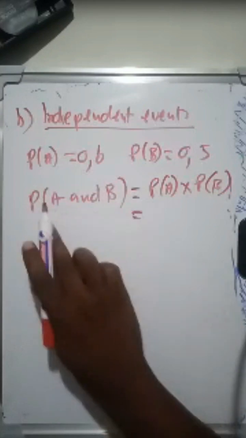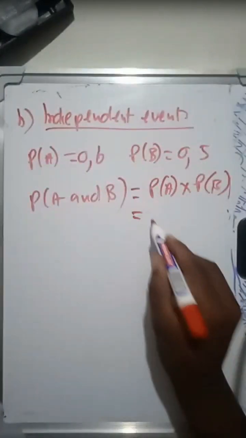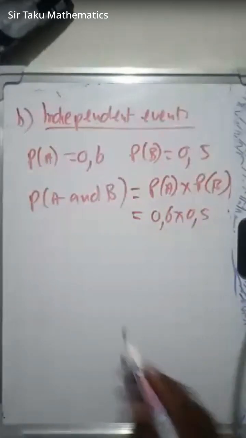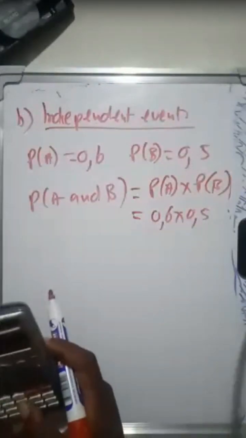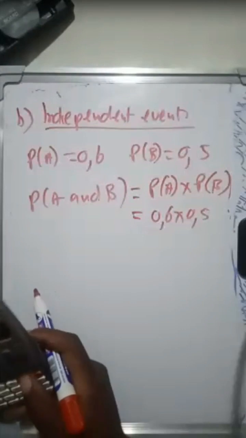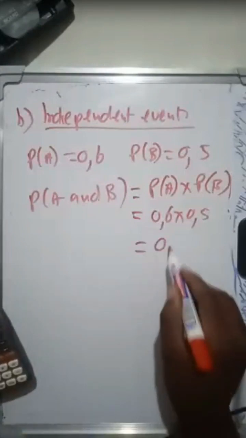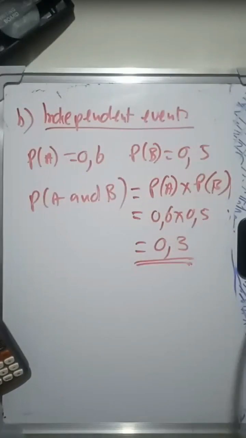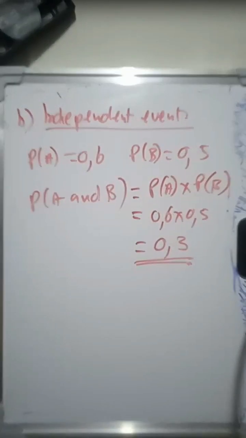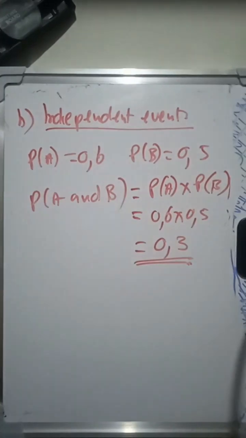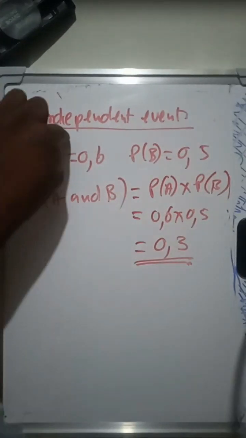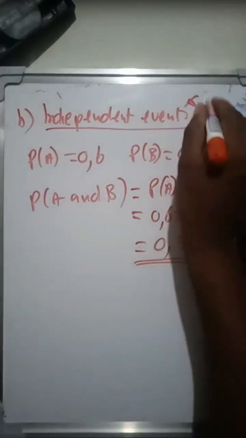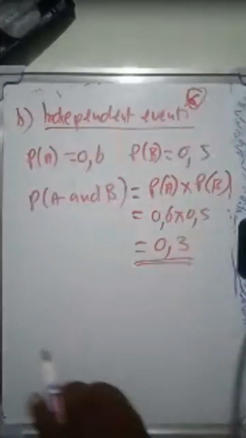Hence, probability of A and B is equal to 0.6 times 0.5, which gives us 0.3. So it means the probability of A and B is equal to 0.3 because these are independent events. So as you are answering, check what they are asking about, or the keywords that are there.